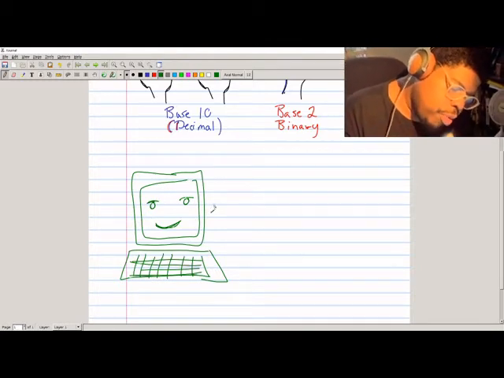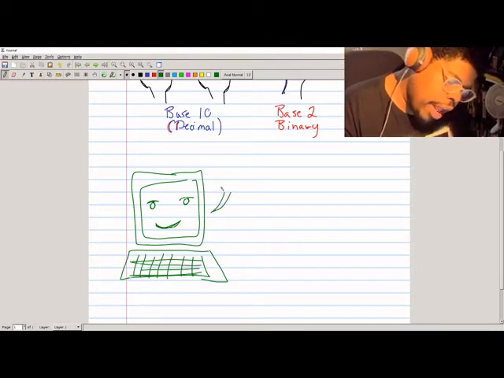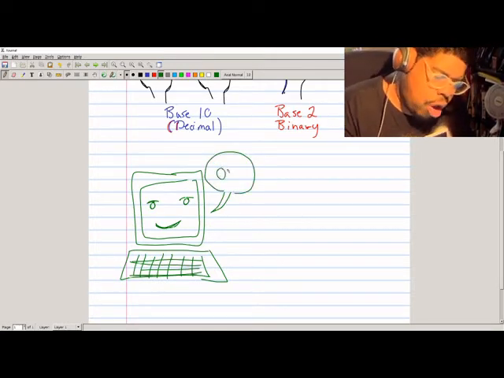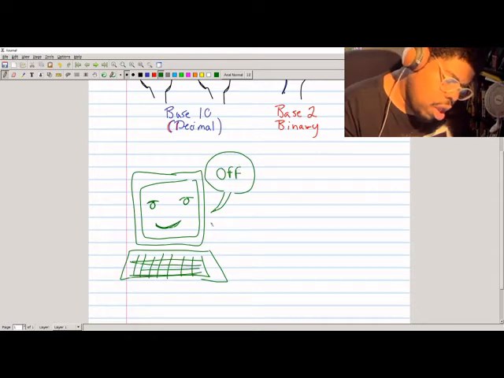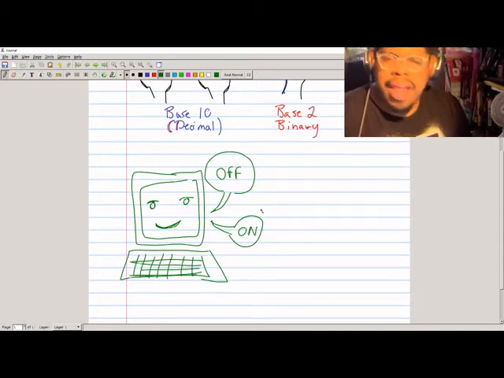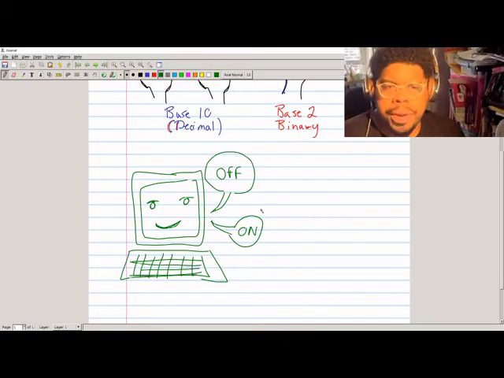And so computers really only understand 2 words. They either understand off or they understand on. Right? They only understand off and on. Okay?